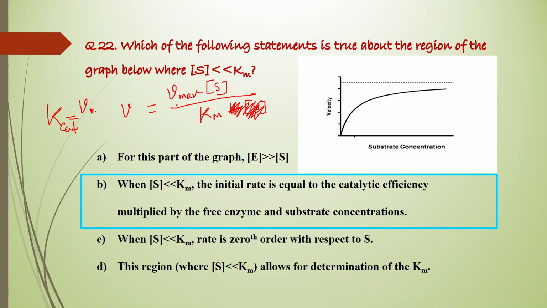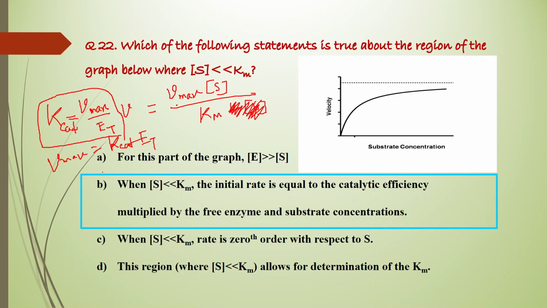It is defined by Vmax divided by total enzyme concentration, because we know Vmax can only be achieved when the entire enzyme is used for the reaction. So Kcat, or the turnover number, is basically defined as Vmax divided by Et. Fine. Now if we substitute, we can write down Vmax is equal to Kcat into Et.